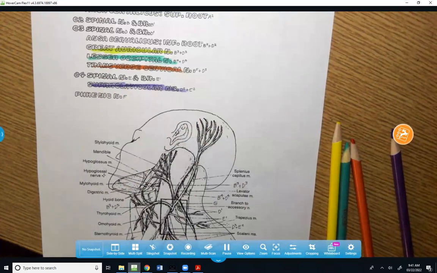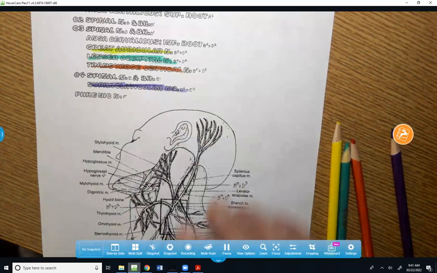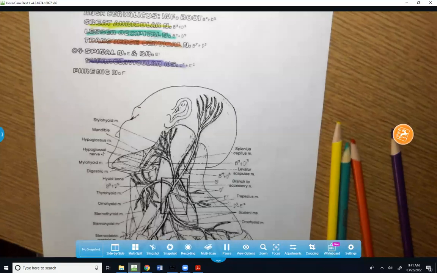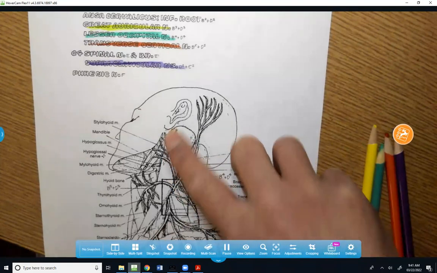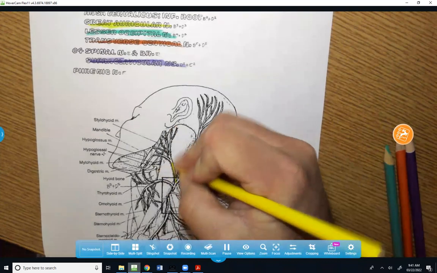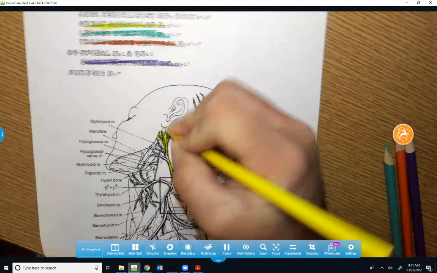We haven't talked about the ears yet in this class, but the fancy term for your external ear, the part of our ear that we can feel, get pierced, that kind of stuff, is your auricle. And there's a nerve right there that's just about touching your ear, and that is the great auricular. And so I will color that one as such.